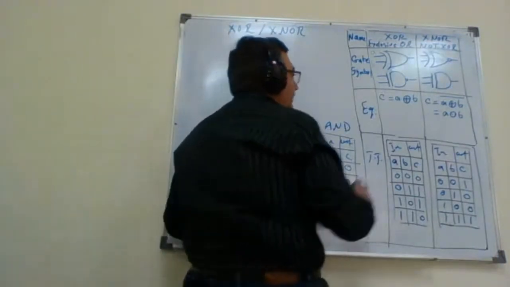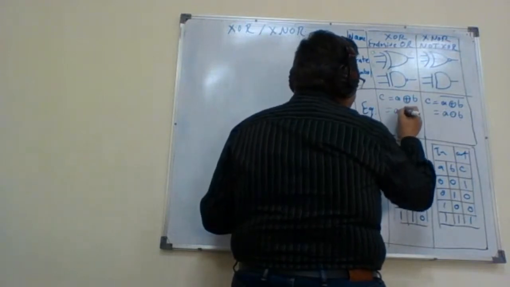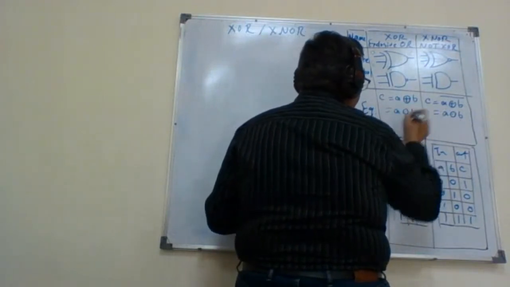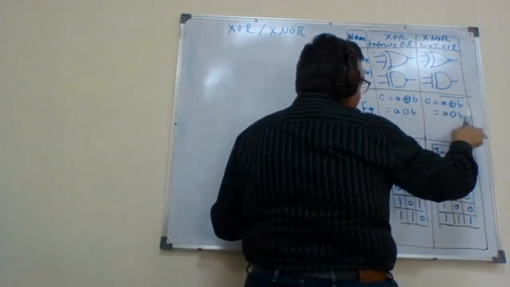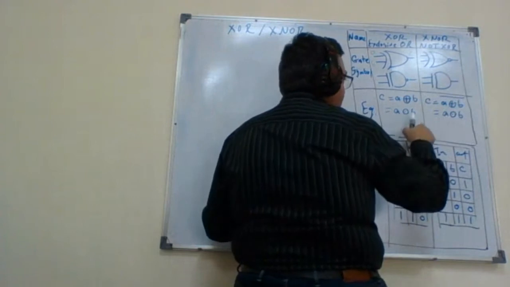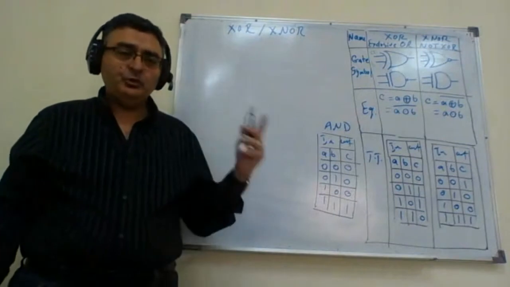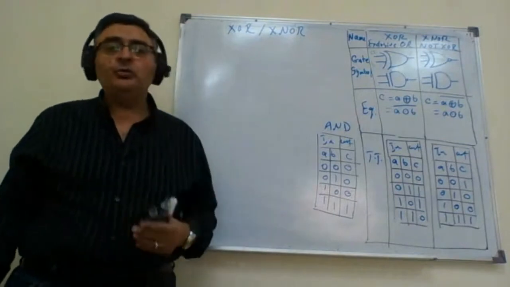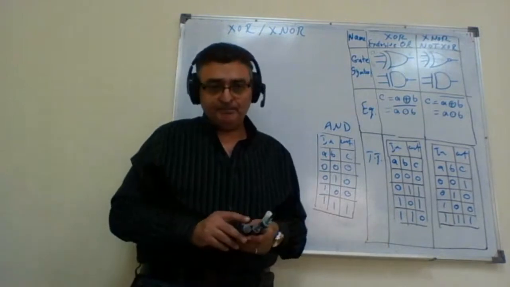Similarly, the XOR can be written as the complement of the XNOR. XNOR is A dot with circle B. This is A dot with circle B bar. These are the only gates that have two ways of drawing and two equation formats.